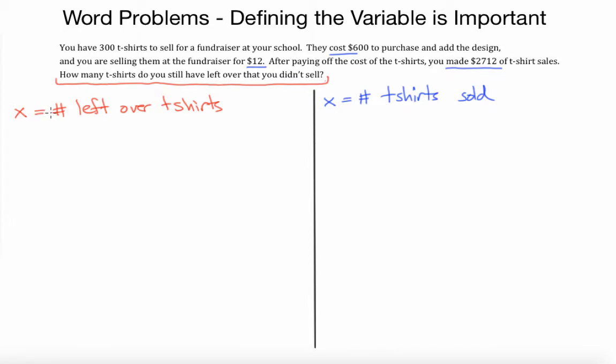So on problems like these where you pay money and get money, outcome, income, I like to think of it as two separate sections. So I know I spend $600, so I make things I spend negative. I spent $600. That's money spent out, but I also made $12 for the number of t-shirts sold. So 12 times, but here I can't put 12x because x is the leftover number of t-shirts, but I got to use the fact that there were 300 t-shirts altogether.